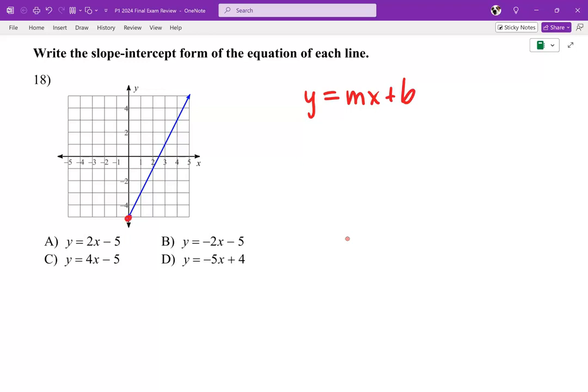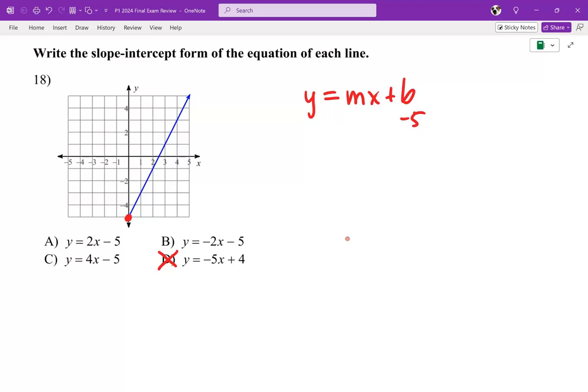It looks like it's touching right there. What is that number? That's a negative 5. Okay? So I know that b is negative 5. So if I look at my options, D cannot be an answer, because that's at plus 4. But the other one is saying minus 5.